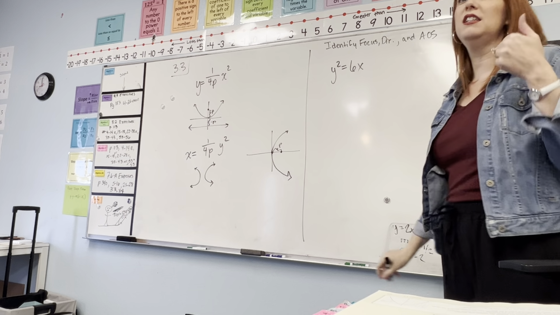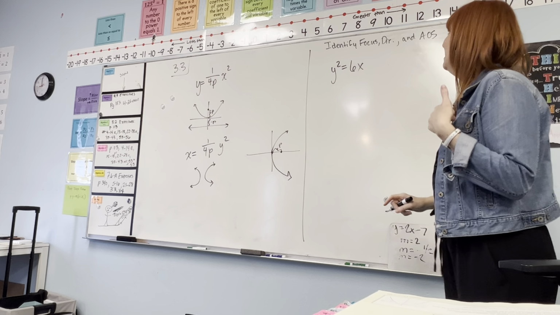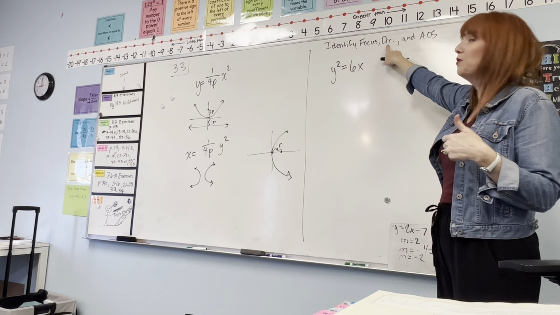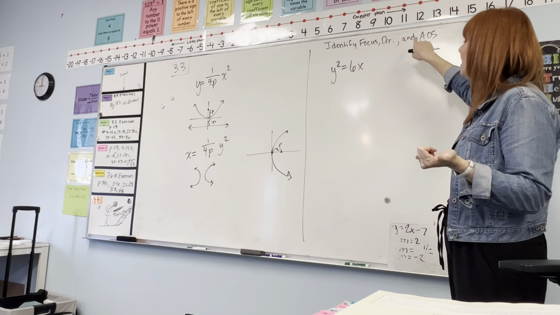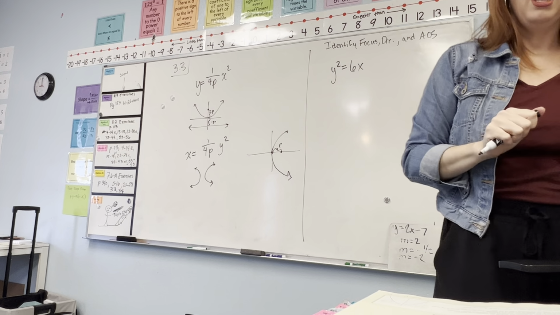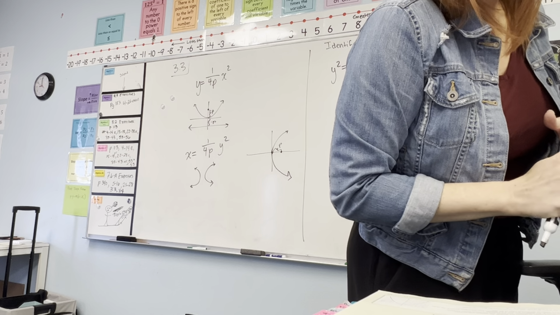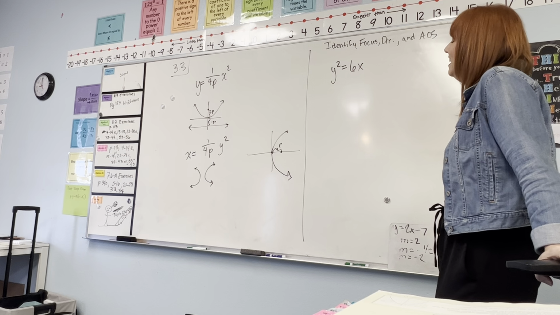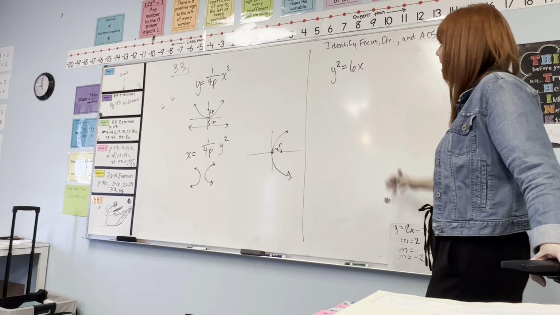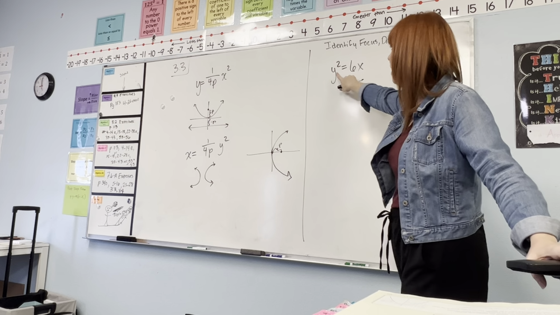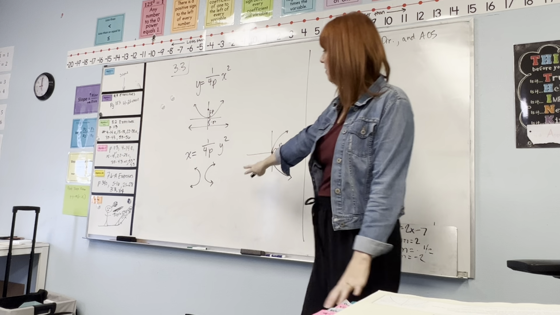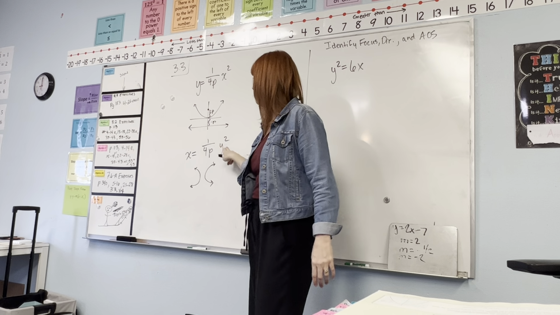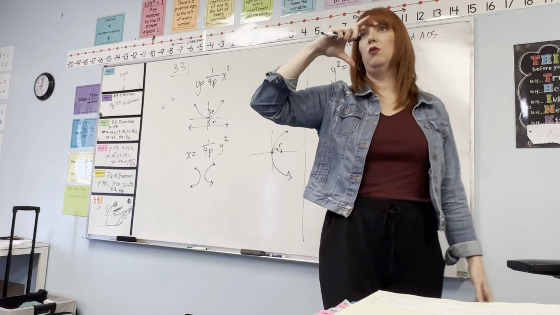Identify the focus, the directrix, and the axis of symmetry of this parabola. All right, so because this has x to the first power and y squared, this is going to be one of these sideways ones, okay? If you have y squared, that flips it this way, okay?